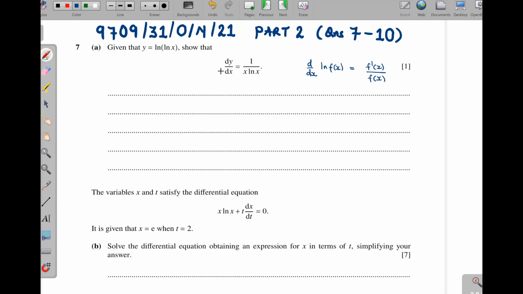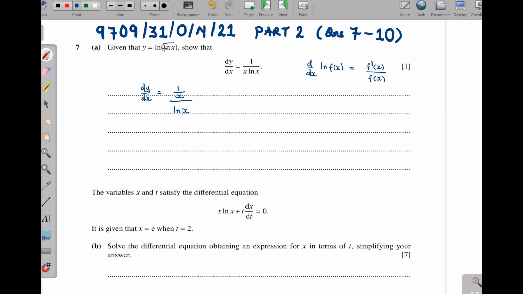Okay? Now here, dy dx is going to be equal to, what we are going to have here is what is inside here. So we differentiate this, okay? But again, there is this x inside here. So differentiating a natural log of x gives you 1. That is when you differentiate the x, then you divide by that x there. Are we there? Then we are going to divide by that same function, natural log of x.